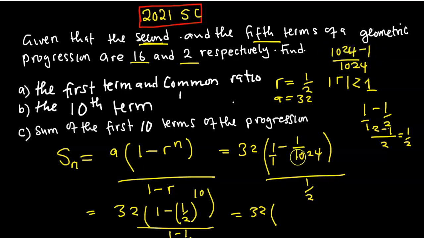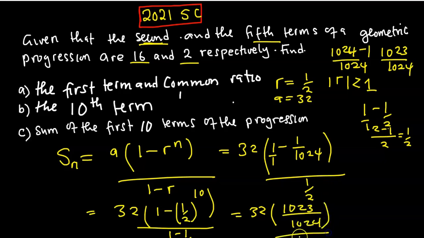So the whole thing in the brackets is going to be 1023 divided by 1024. Then over 1 over 2. Now, this 1 over 2, can you multiply by this 32? It's just the same as it.